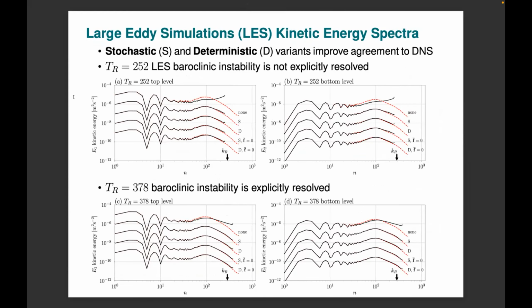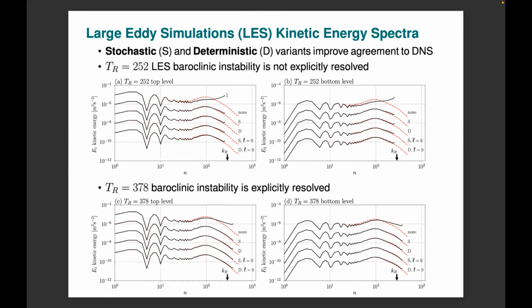So the final step to check that all of this is appropriate, that all of these coefficients are reasonable: we take the Eddy parameterization and all of the components of the mean subgrid tendency, and we put it back into the coarsened simulation. This red dashed line is our high resolution DNS.